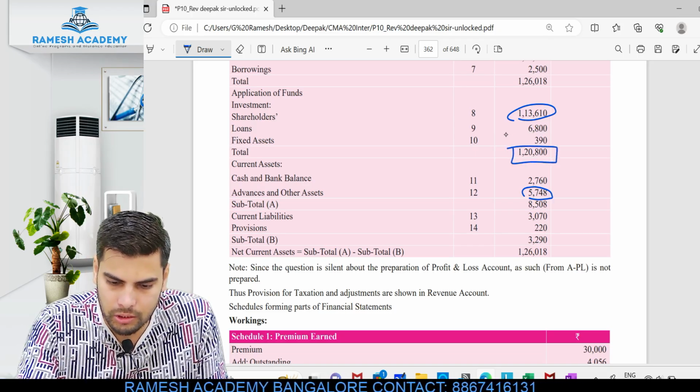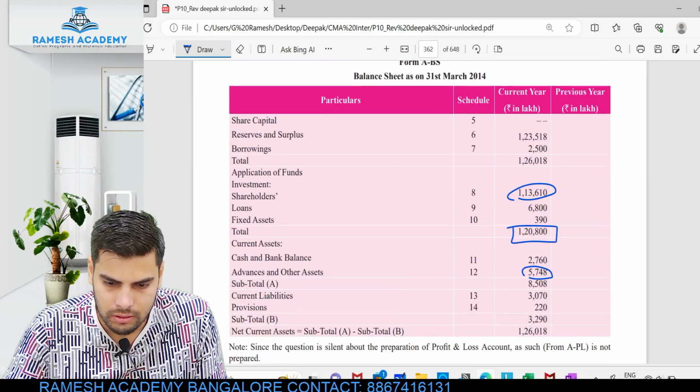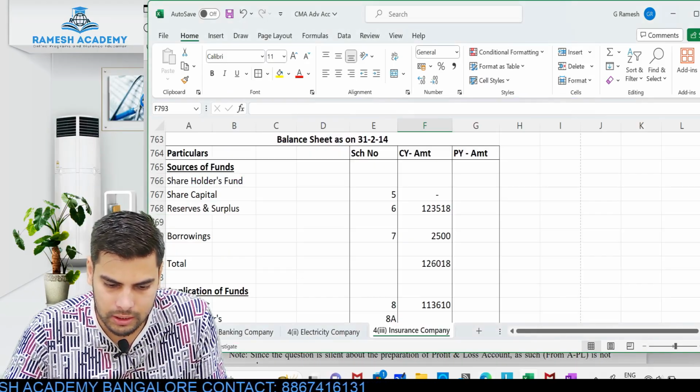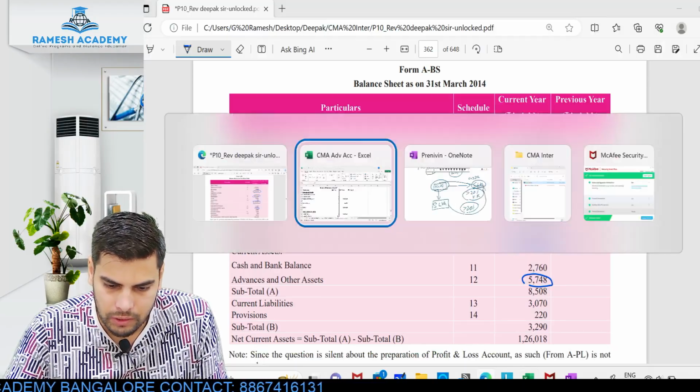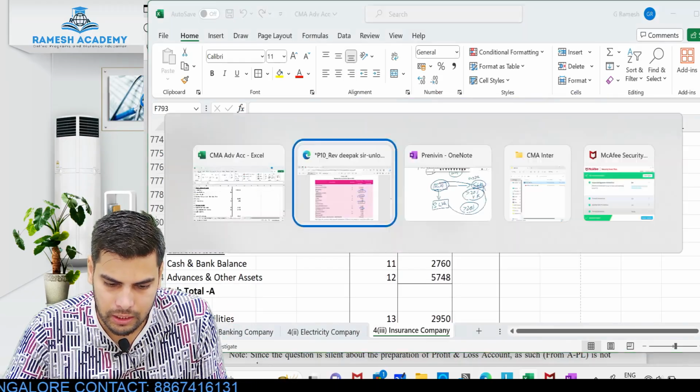Okay, this should be the total of your balance sheet. Let us just check once. This is the total, 1,26,018. Perfect. So investment 1,13,610, 6,800, 390.